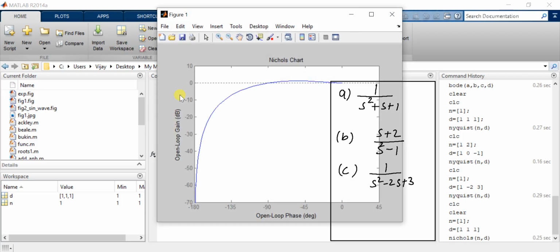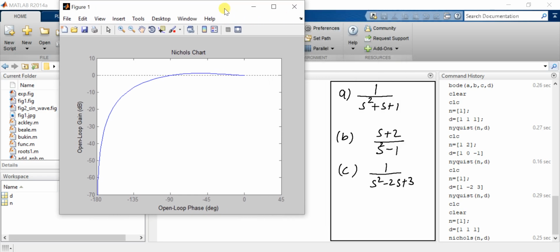When you hit enter, this is the Nichols chart for this particular system. As you can see, this is open loop gain in dB and open loop phase in degrees.